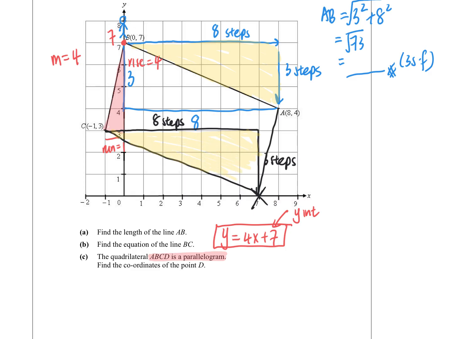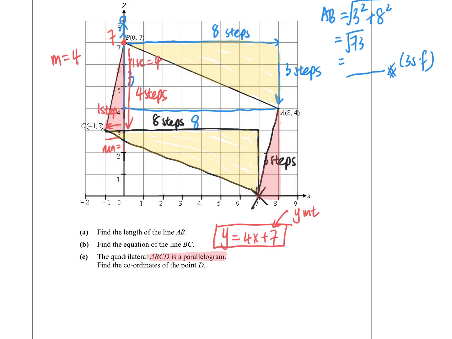So if moving from B to A takes 8 steps horizontal, 3 steps downward, same thing for C to move to D. Alternatively, I can also move this triangle movement down to D. I moved down here by 4 steps and then move left by 1 step.